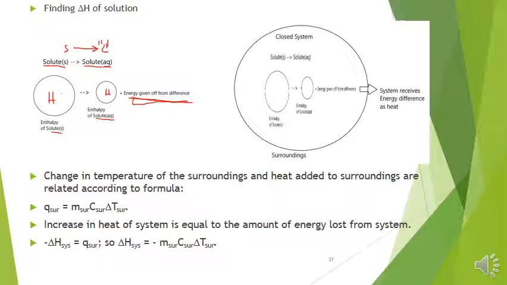So what we're going to do is this reaction in a closed system. Now remember, there are three kinds of systems. There's something called an isolated system, where you have your surroundings out here, and then you have your system.